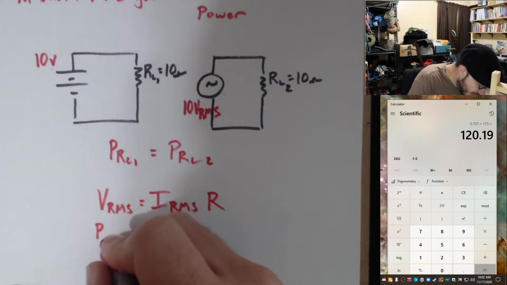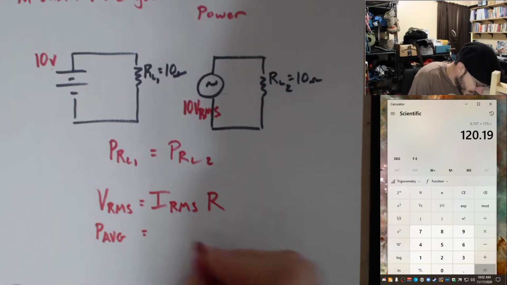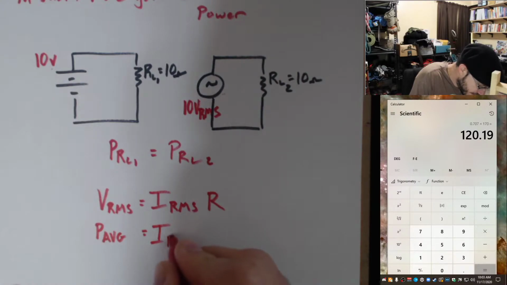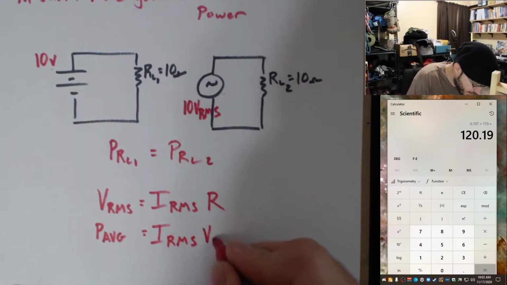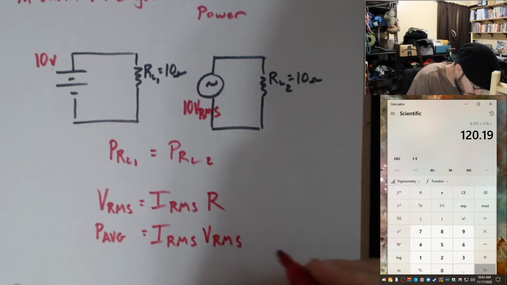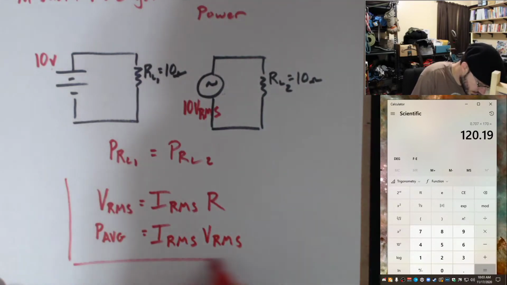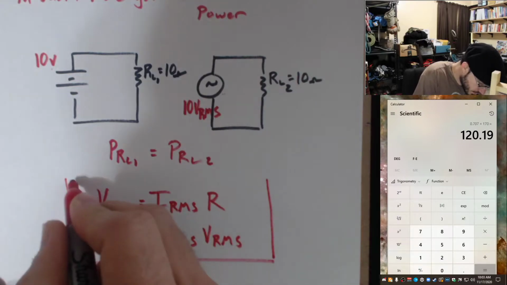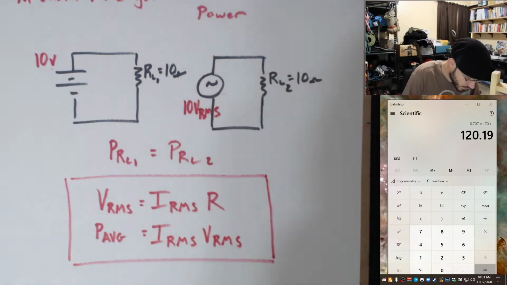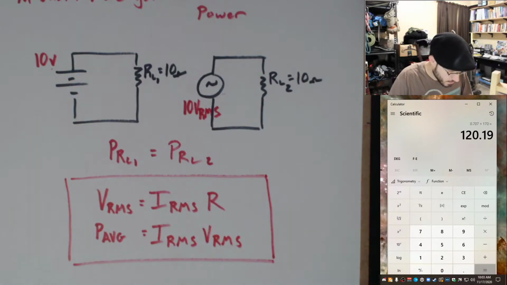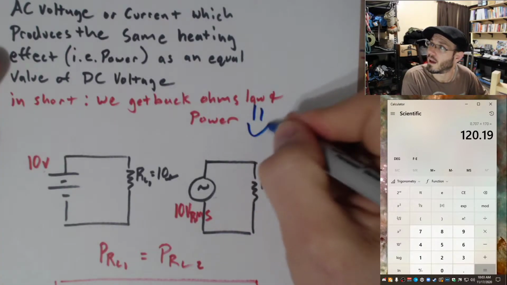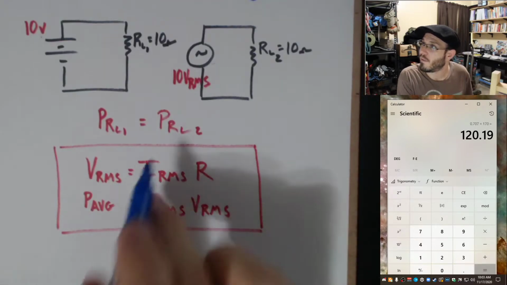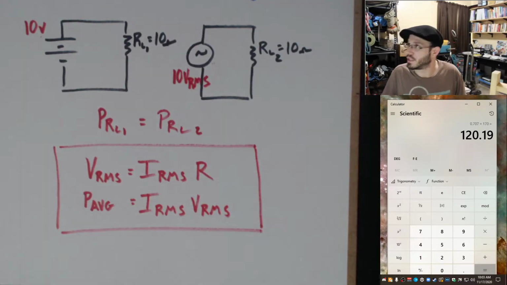And now P average is equal to IRMS times VRMS. Yay, we now have a way to quantify the AC voltages.